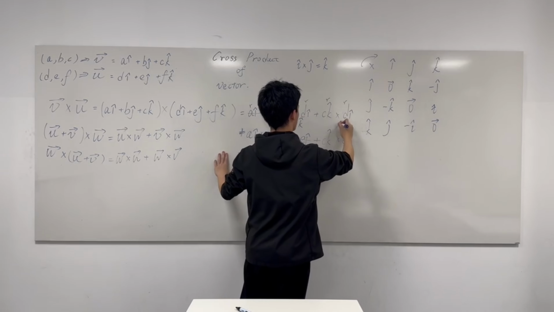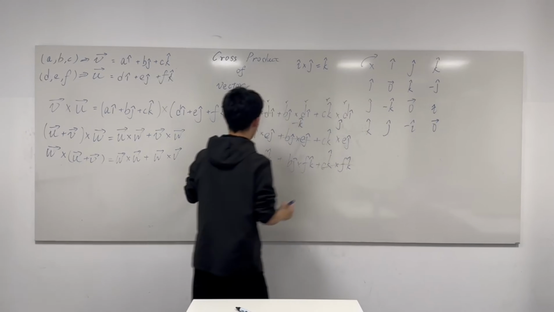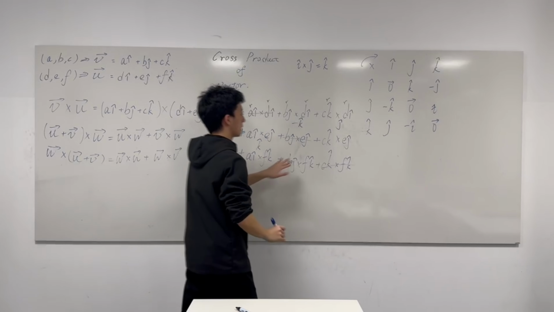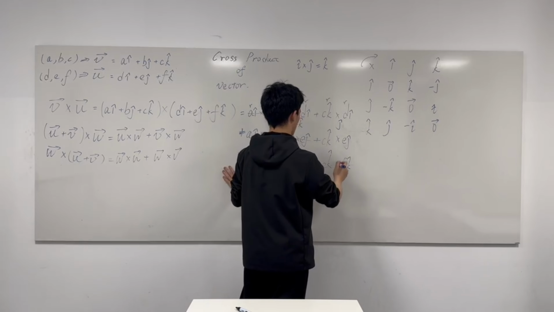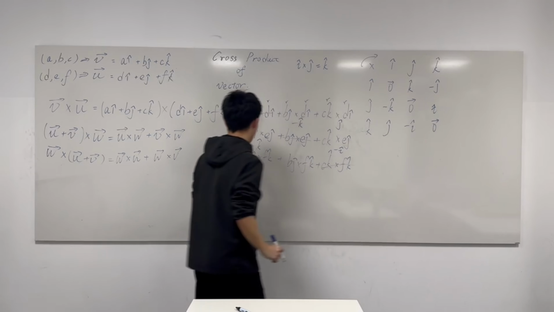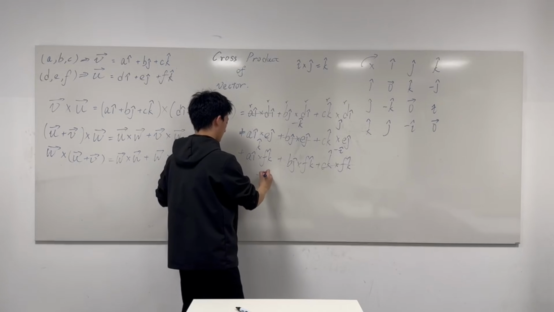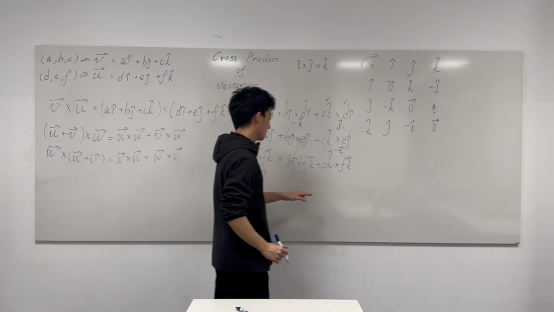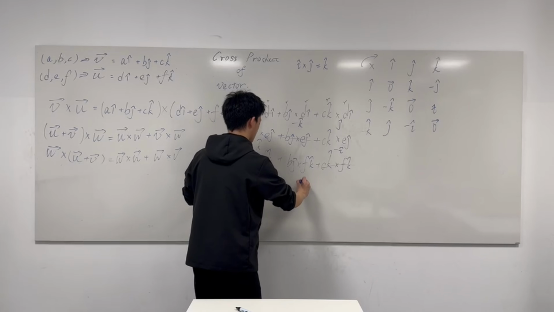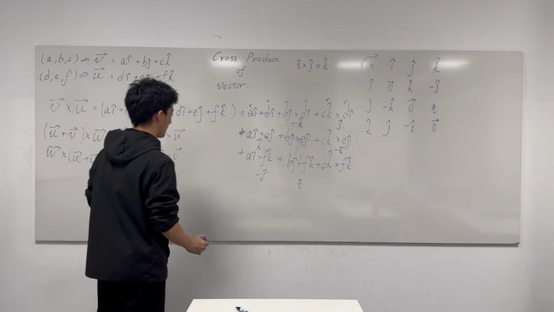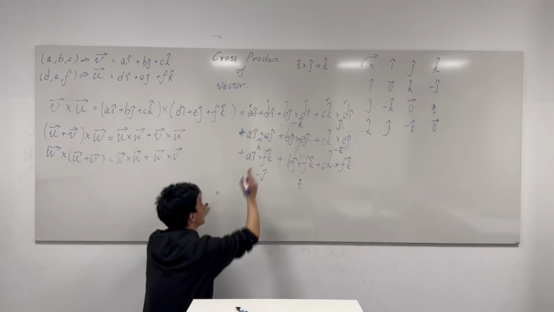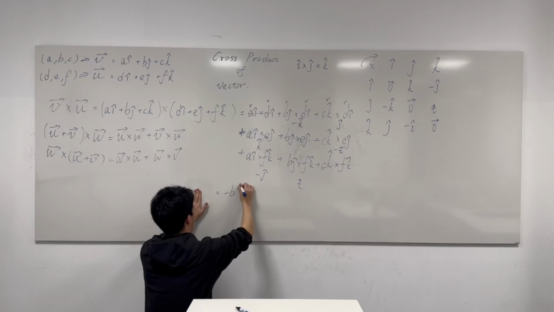KI is J hat. IJ is K hat. KJ is negative I hat. IK is negative J hat. JK is I hat.